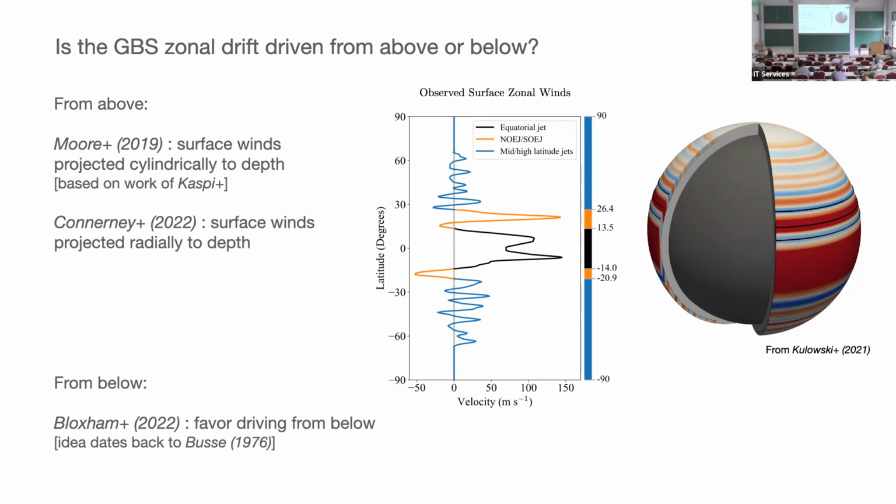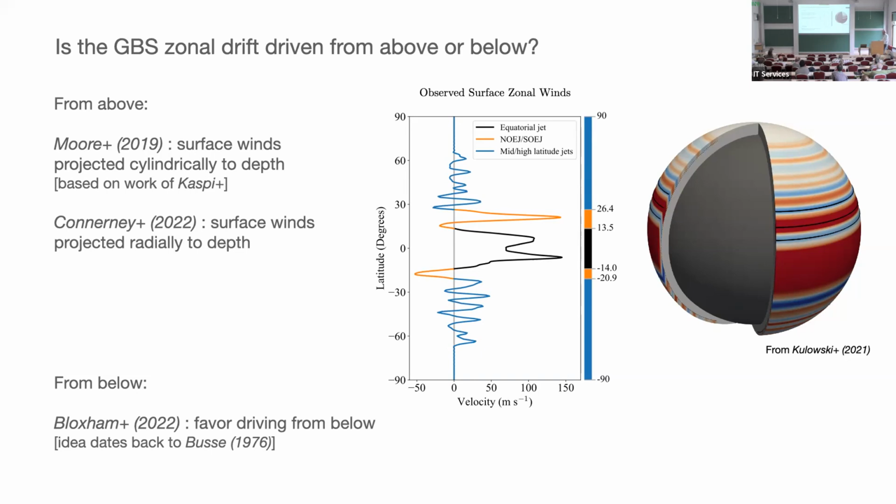Cheyney projected the winds instead of cylindrically, radially, so just taking the same profile and using it at depth. And because of this equatorial super rotation, again, you get a reasonable agreement.